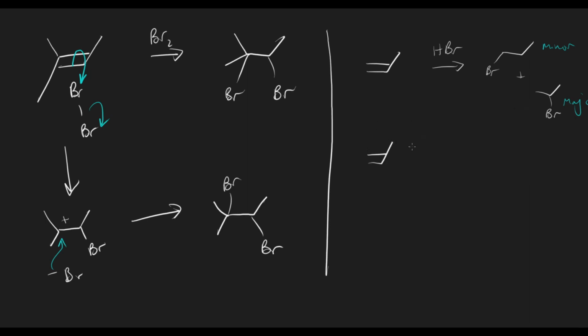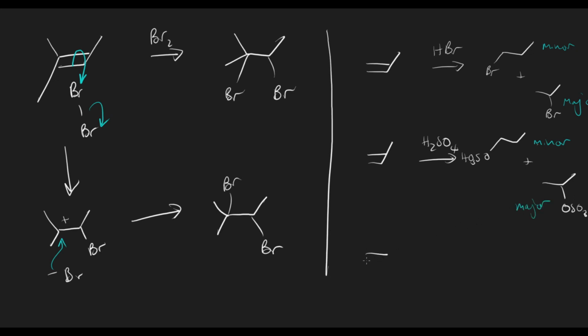And then again, same thing with sulfuric acid, H2SO4. Again, you'd end up with two products here, OSO3H, and this would be minor, and same thing again here, OSO3H, and this would be the major product.